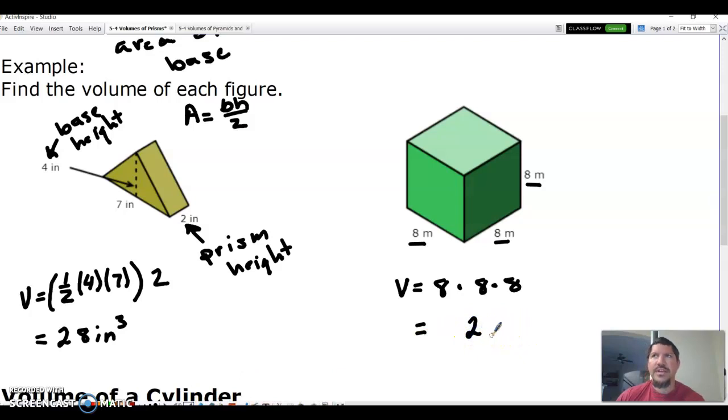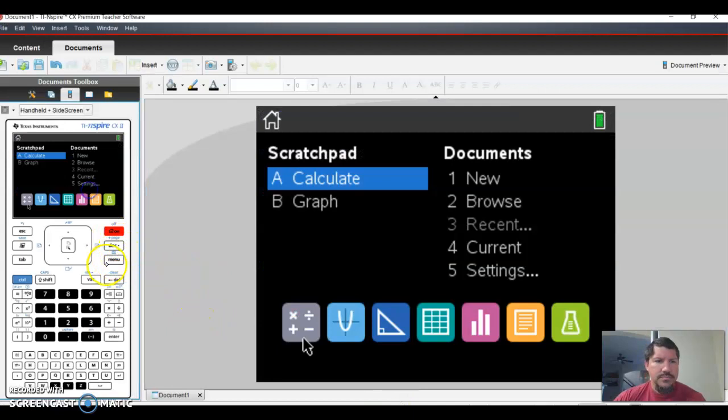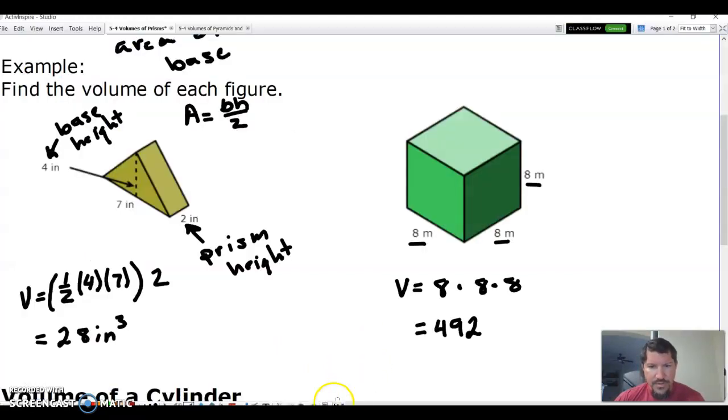Carry the 3. 8 times 6 is 48, so 492. Wrong. 8 times 8 times 8, 512. I was off. 48 plus 3, yeah. 512 meters cubed. Alright.